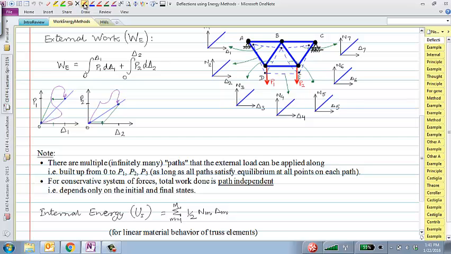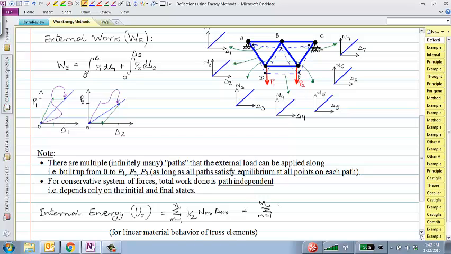I'll also write out here that this is equal to the sum over all the elements M in the truss. By the way, do you understand this notation? M is just a member of the truss. So for this particular truss, there are 7 members. So M going from 1 to 7 and half N_m delta is what I'm talking about.